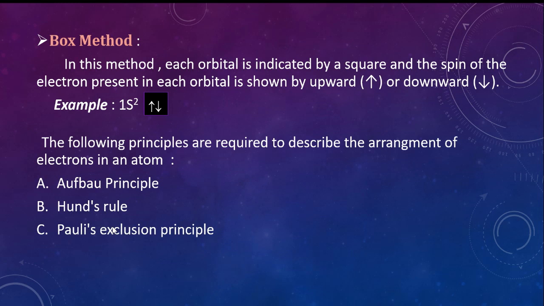So these are the two methods. We can write the configuration in either of these methods. Now, while writing the configuration, we need to follow three principles: the Aufbau principle, Hund's rule of maximum multiplicity, and Pauli's exclusion principle.